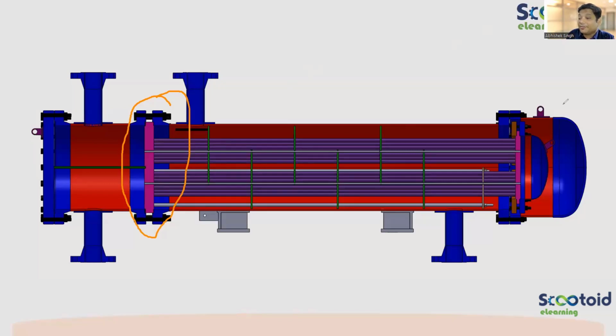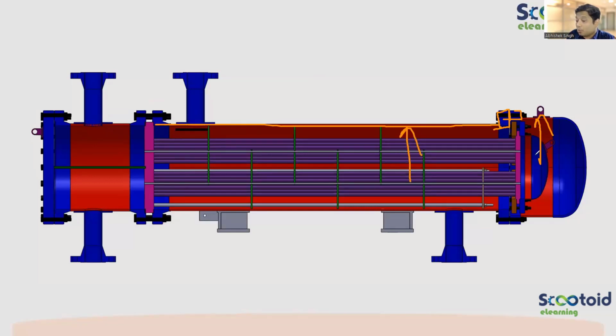Now, if you see the floating type section, here the shell is there, and then there is a flange. There is one more flange. Why is it there? If you see here, this ID of the shell is more than this shell ID. Why is this more?